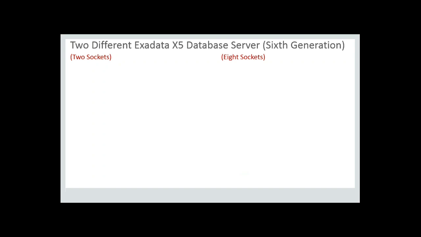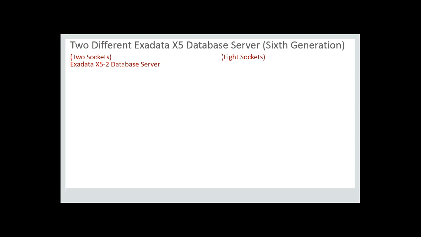When we talk about the two-socket machine, Oracle termed this machine as Exadata X52 database server, or Exadata X52. So X5 is actually the version of the machine and 2 is the number of sockets. Now you can easily depict the meaning of X32 and X42.